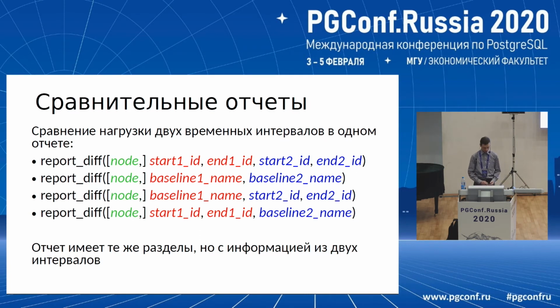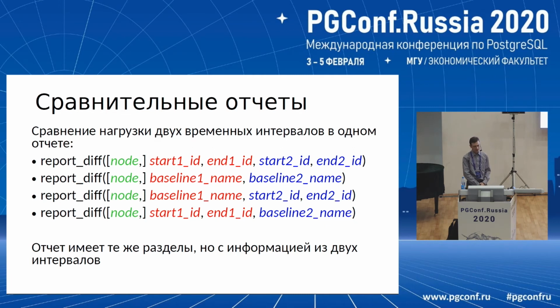A comparative report. Now this is a fairly new feature, maybe a couple of months back, I can't recall exactly, but this is what allows us to compare the current load with the load of, let's say, two weeks ago, when we want to compare what happened and how.